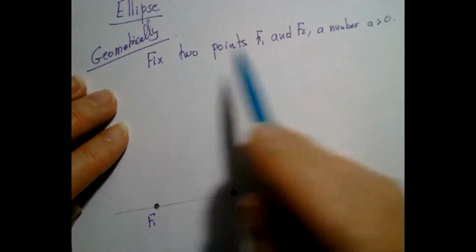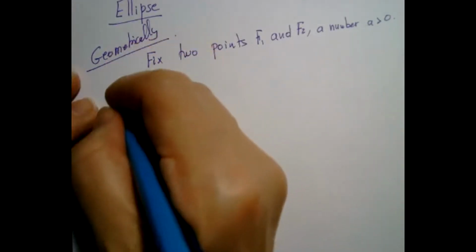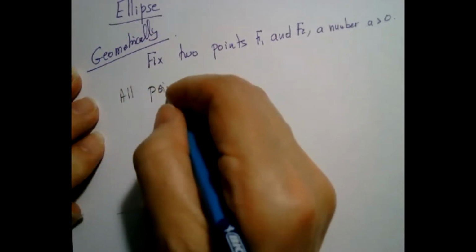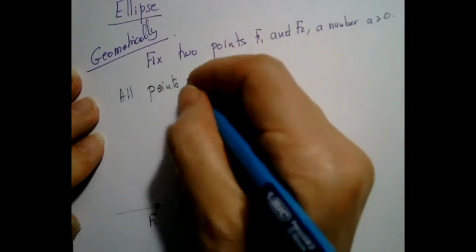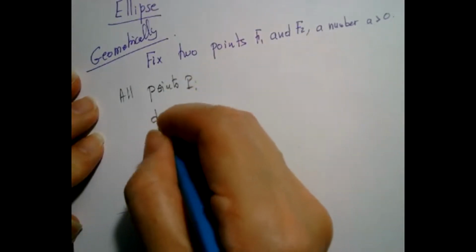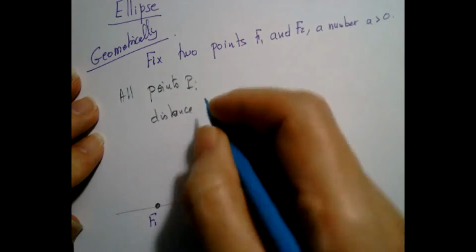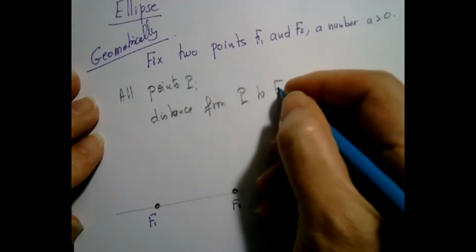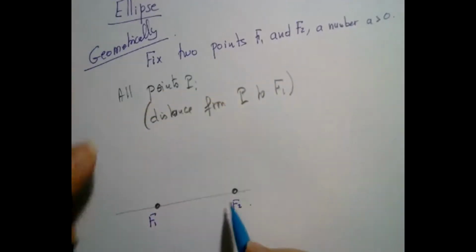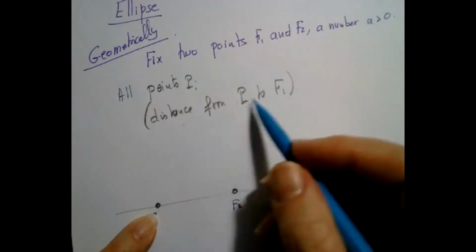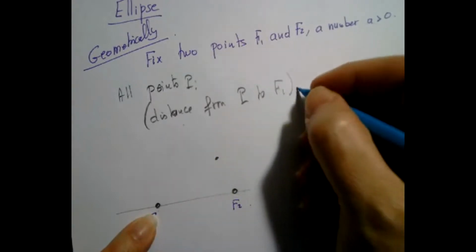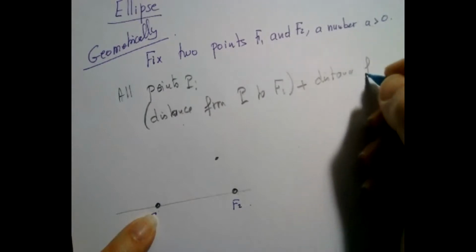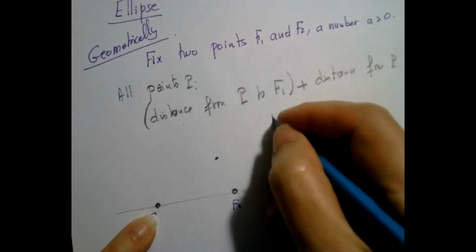We're going to fix 2 points and a number A, and we're going to take all the points such that the distance, and this is a little bit the hard part, the distance from the point P to F1 plus the distance from P to F2.